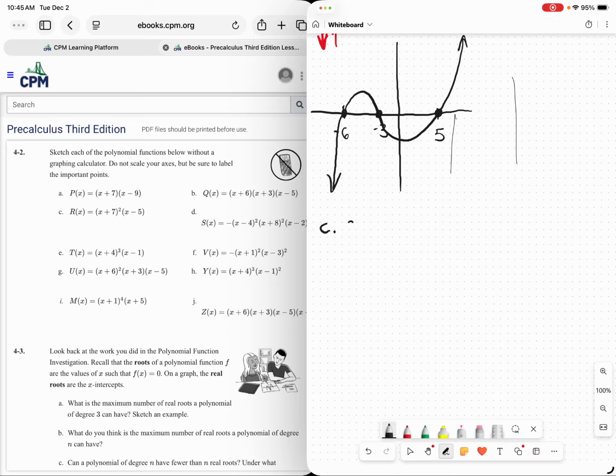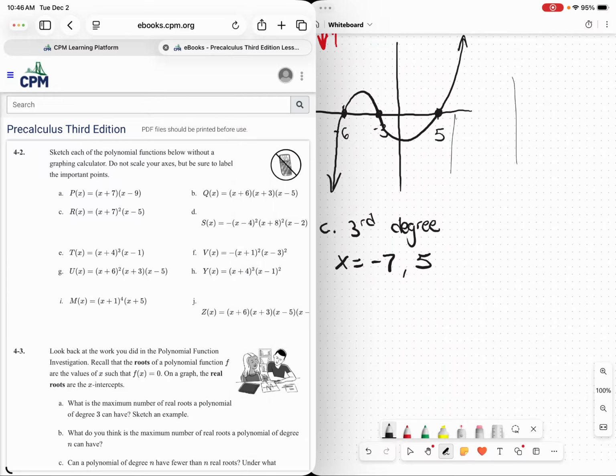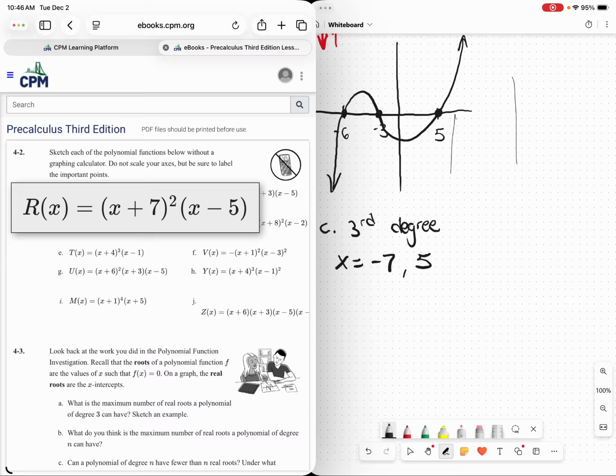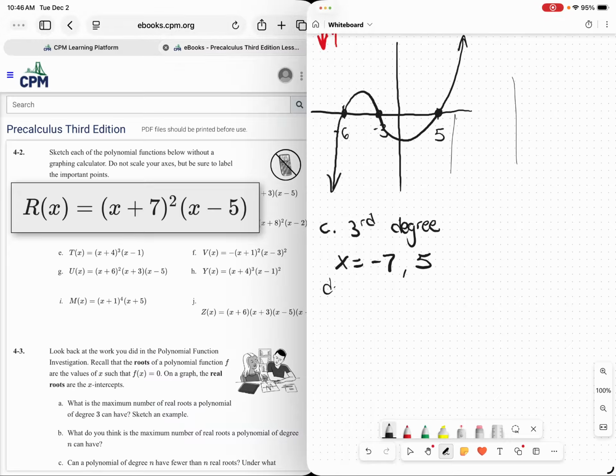So this is still a third degree. Okay, but we have something going on here. So our zeros, or our roots, are at -7 and 5. But what's happening here is this x plus 7 is squared. So this 7 is what we call a double root.